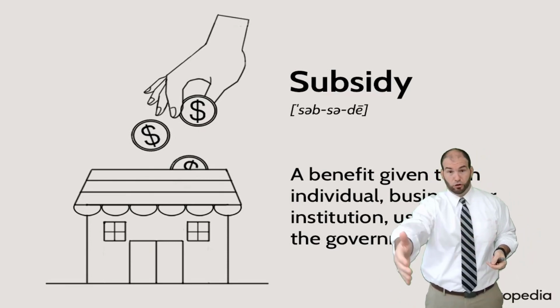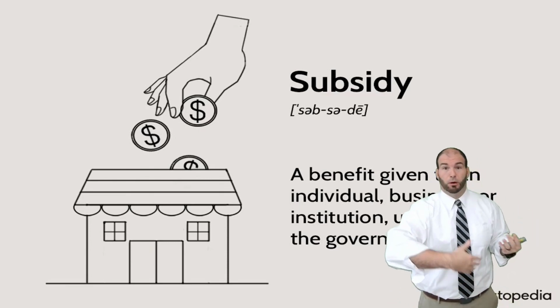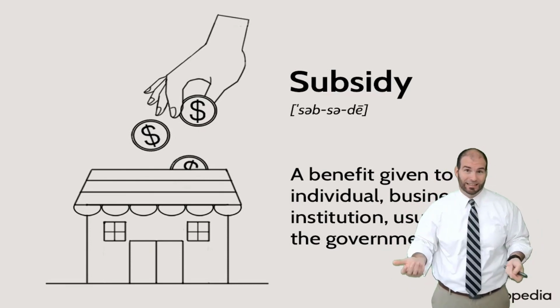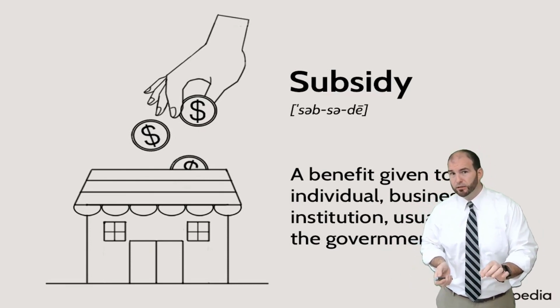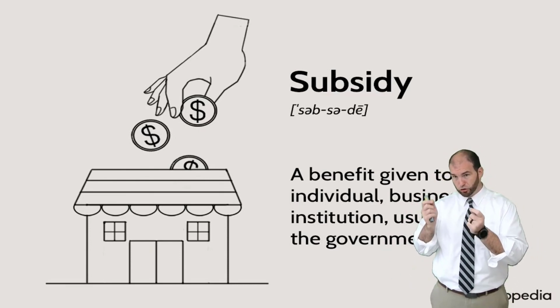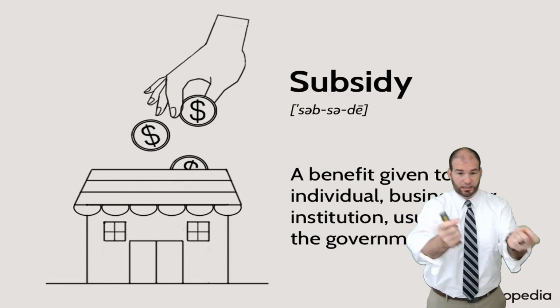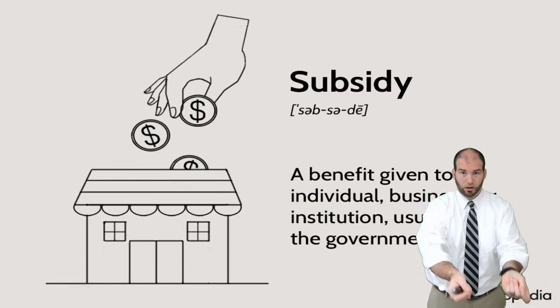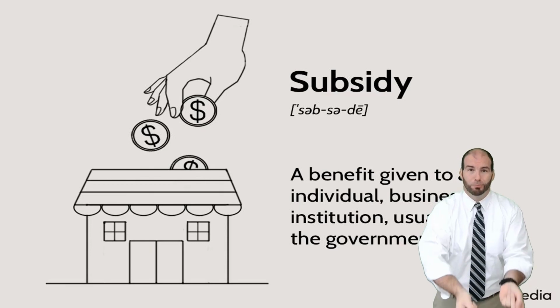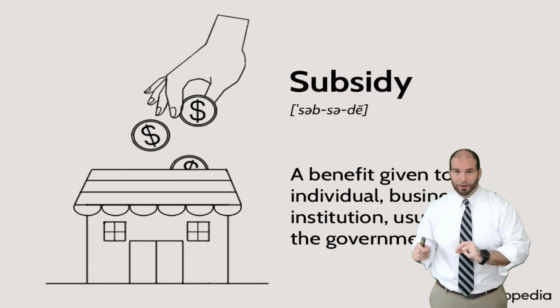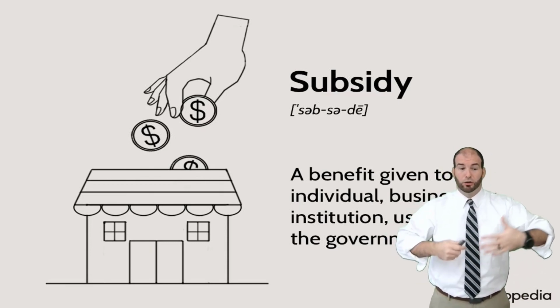Or if they owe you more money than you owe them, they will pay you at tax time. Subsidies, all right, is just straight the government giving people money in order to encourage behavior. And it doesn't happen at tax time. It is the government trying to encourage people to do it.